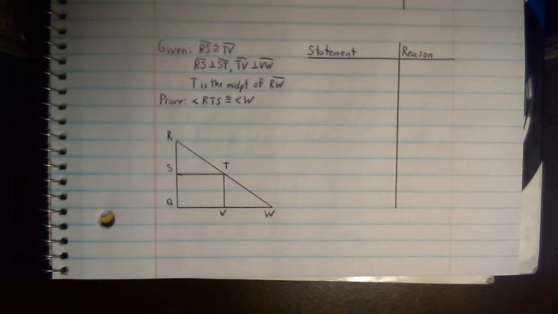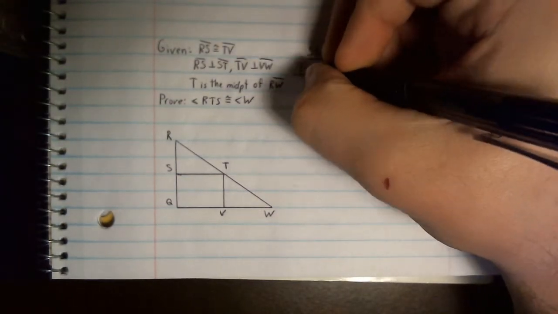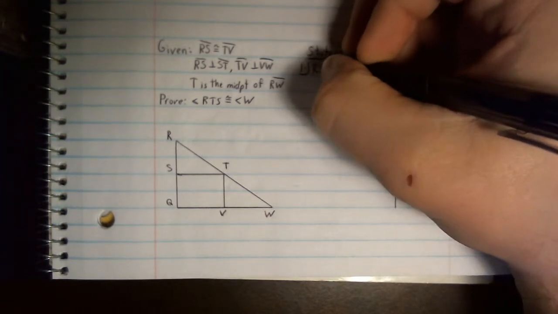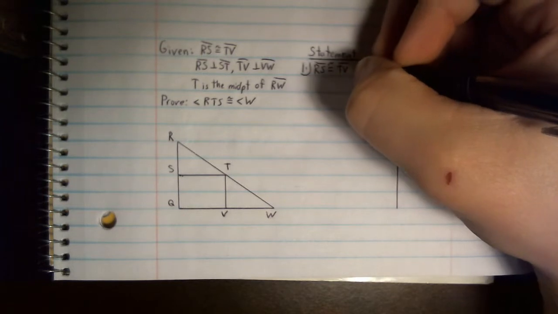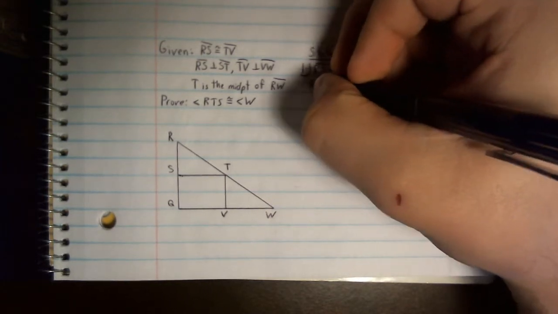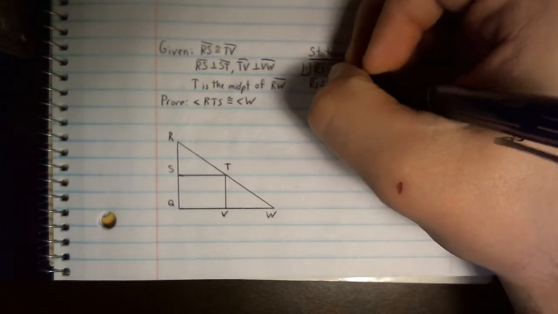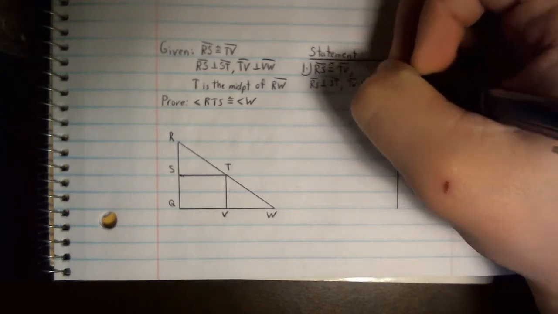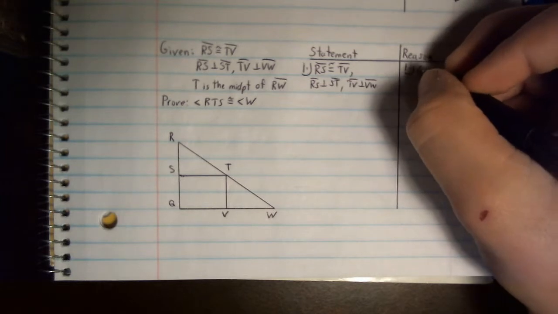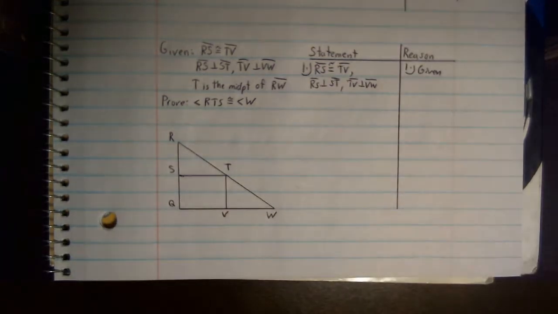Alright, let's check out how you did. We always start off with our given information as our first statement. So RS congruent to TV. RS perpendicular to ST. And TV perpendicular to VW. That's our given.